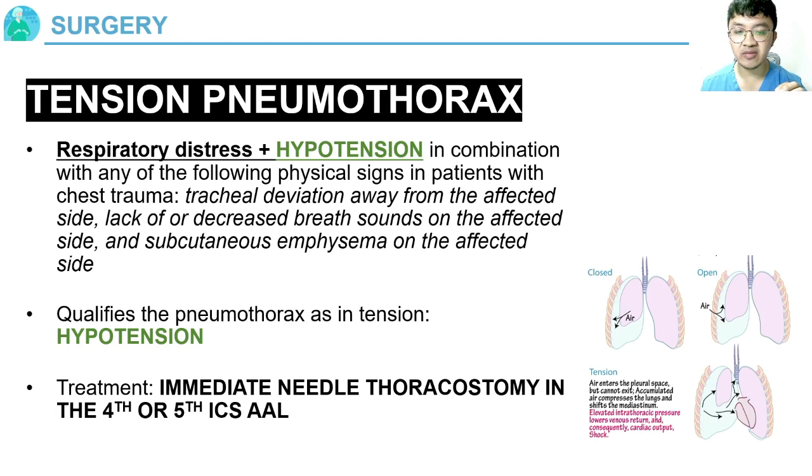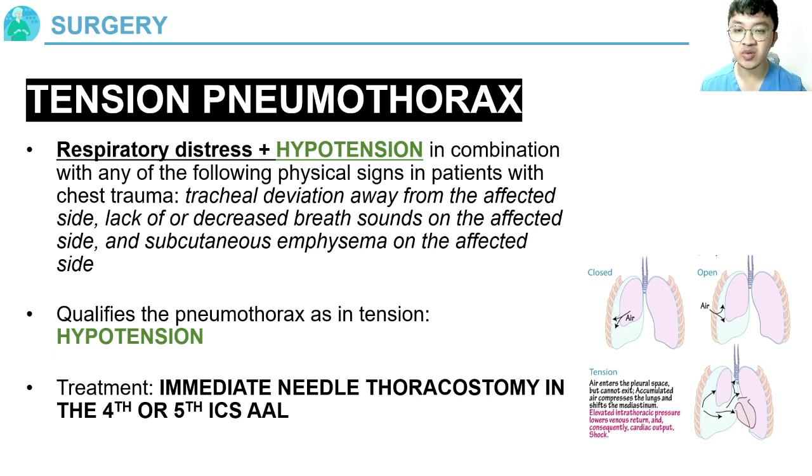If we see hemothorax, we do chest tube thoracostomy or CTT, and we do it in the 4th or 5th ICS still, but mid-axillary line. Again, needle decompression, 4th or 5th ICS anterior axillary line. CTT, we do it 4th or 5th ICS mid-axillary line.